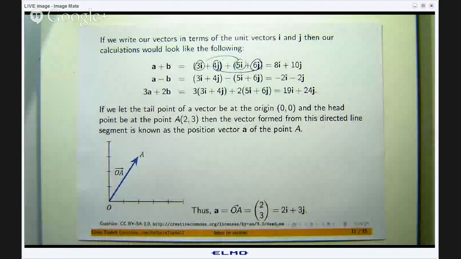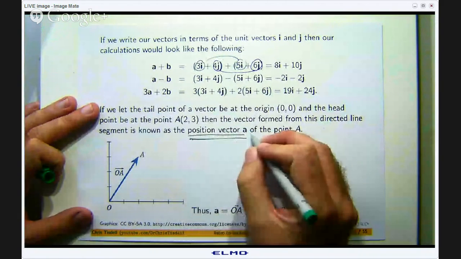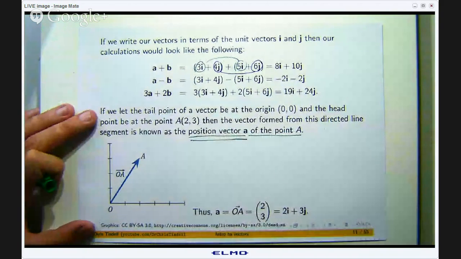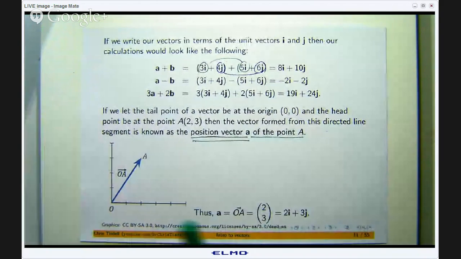Okay, so I'm now going to talk about what I mean by a position vector. I'm going to use a specific example here.